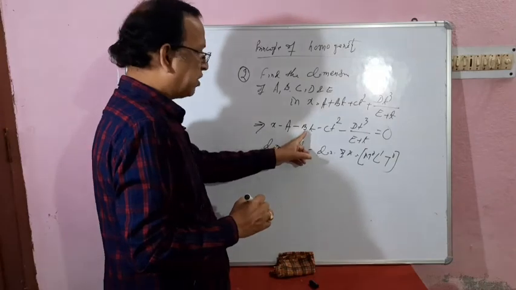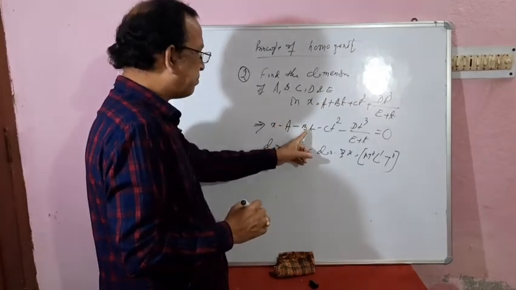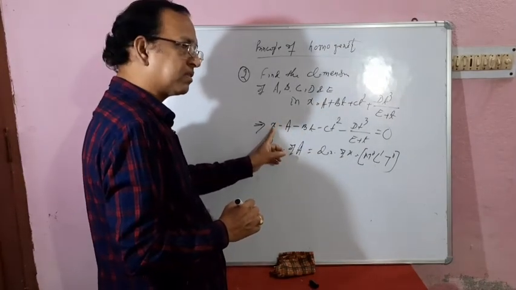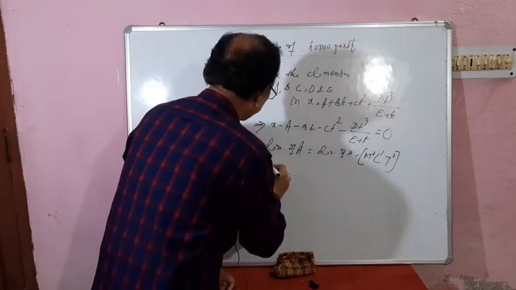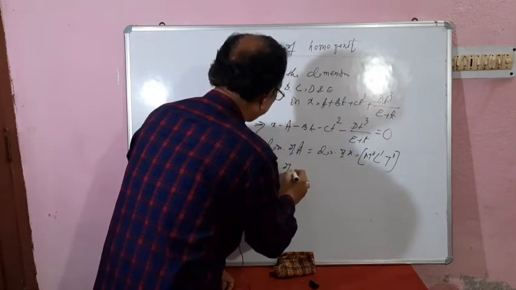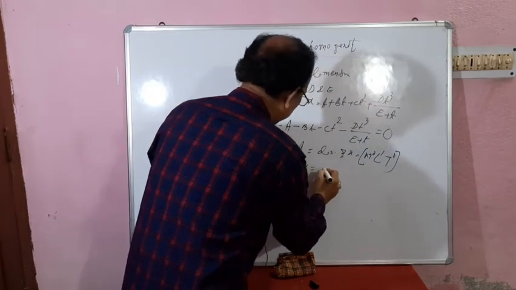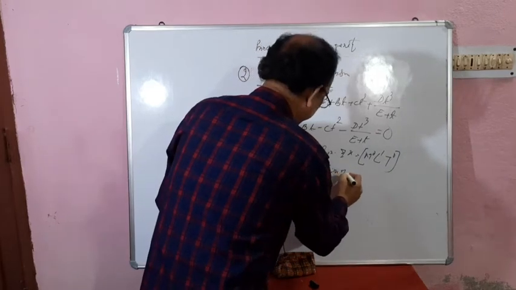Now, dimension of B. The dimension of BT is equal to the dimension of x.